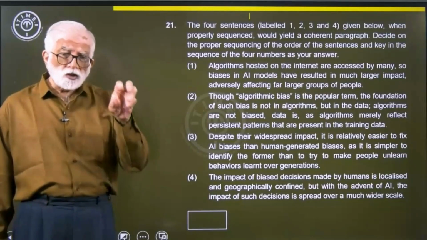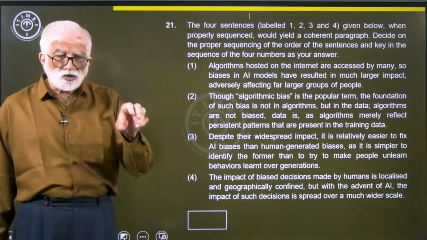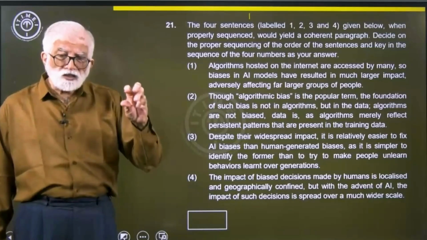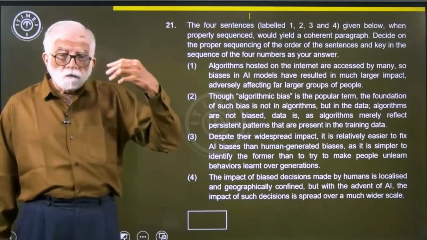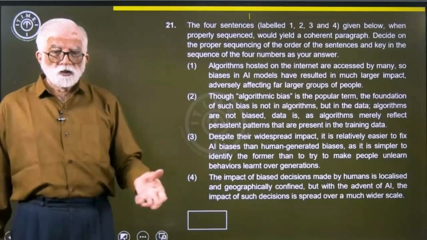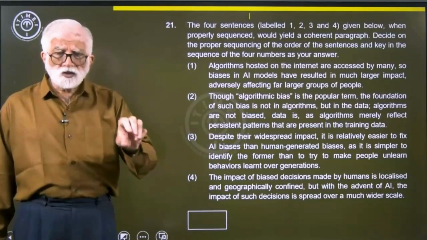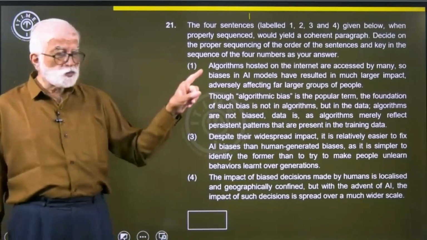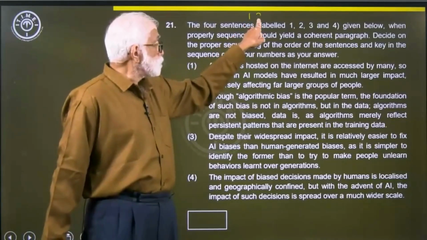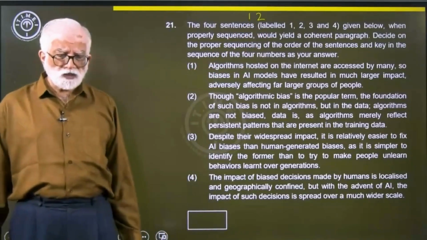He says, you may call them biases, but they're not actually biases in the algorithm. They're biases in the data that goes into the algorithm. That is the bias. So that means 2 is related to 1. It actually explains the term biases there.